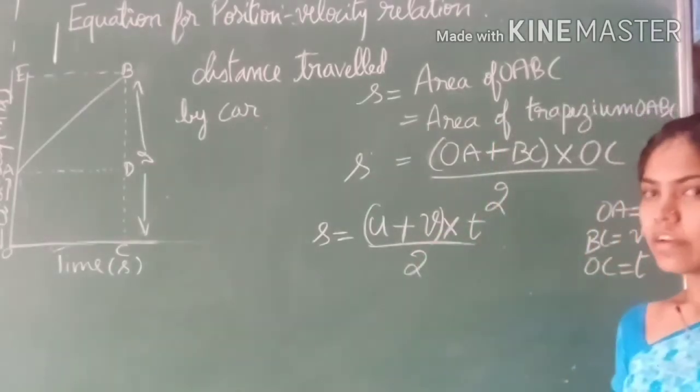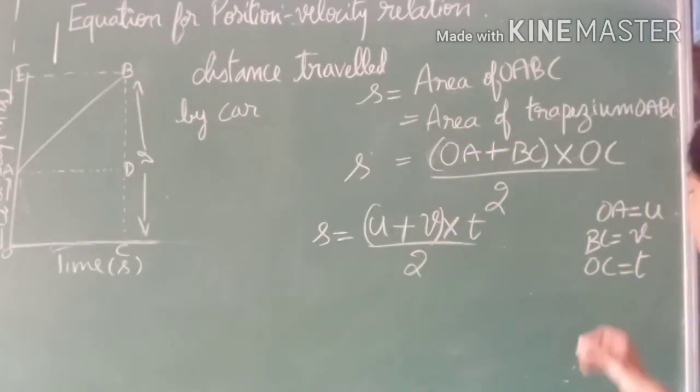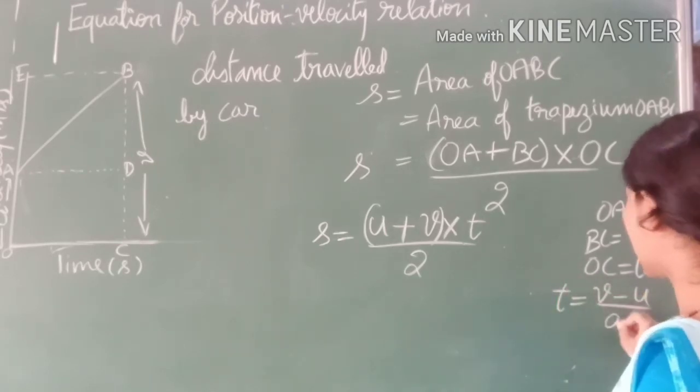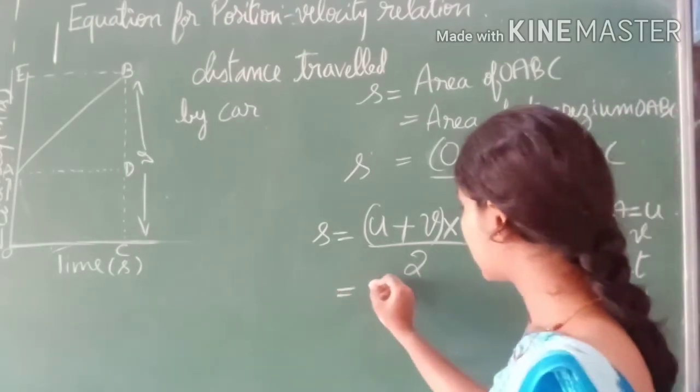But from the first velocity time relation, we know that T is equal to V minus U divided by A. So let's substitute that.